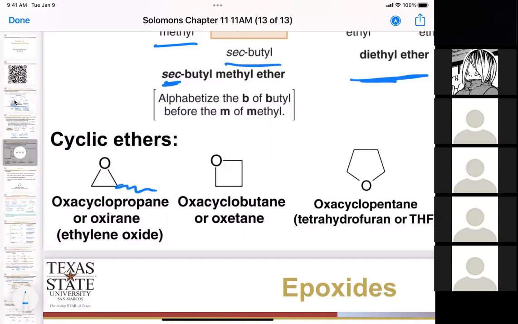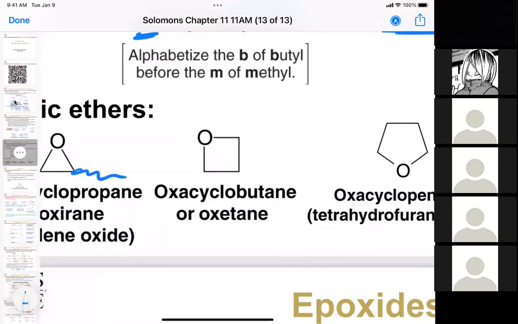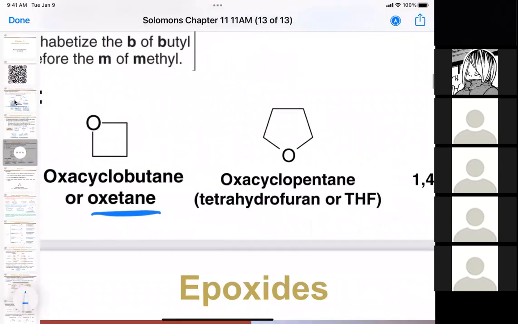Okay. So if you just substitute 1 oxygen in cyclobutane, it's oxycyclobutane or oxetane right here. This one's kind of important because we've seen this one before. This is one of our polar aprotic solvents. Okay, it's technically oxycyclopentane, or we call it tetrahydrofuran.